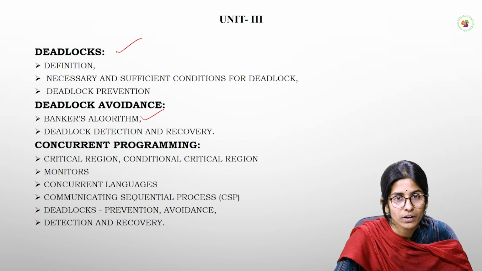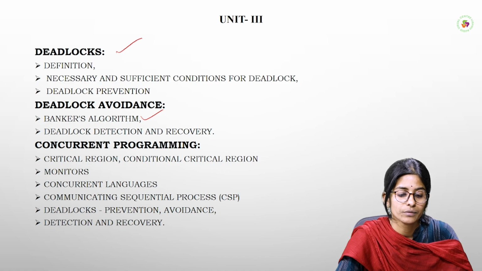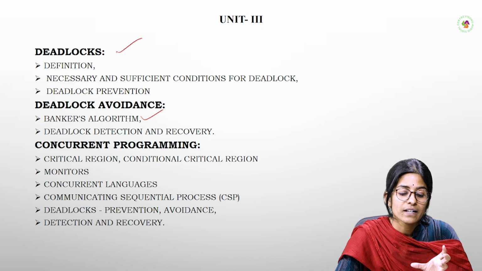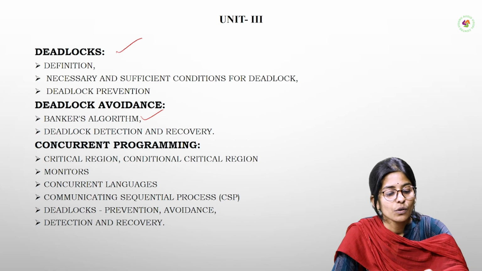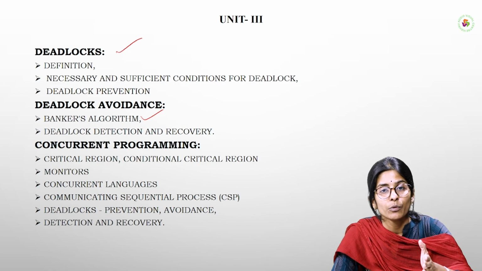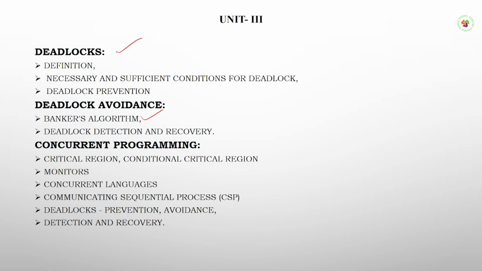This is the main important topic in deadlocks. So Banker's algorithm is an important question also. In this topic we learn how we can avoid deadlocks and how we can prevent deadlocks. We can learn about those things in our unit 3.